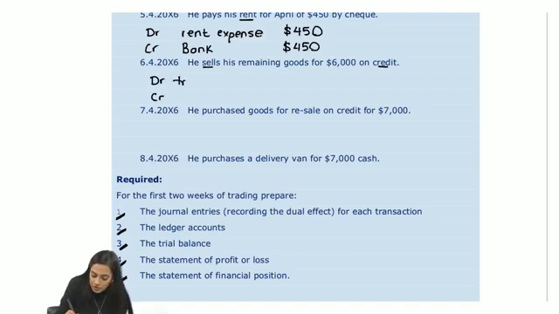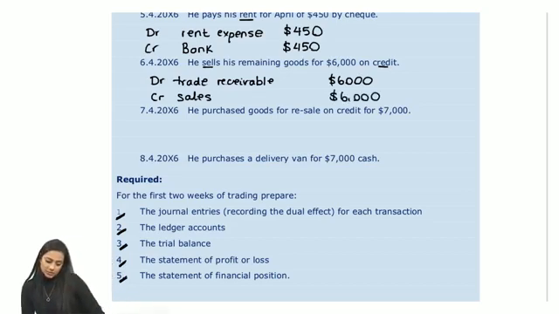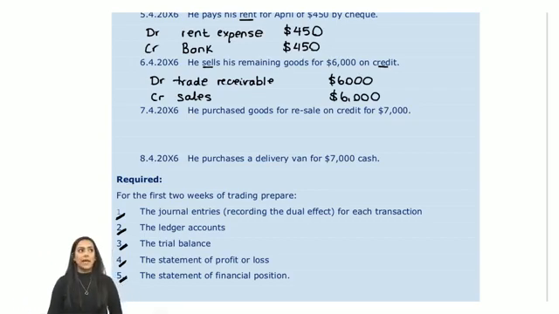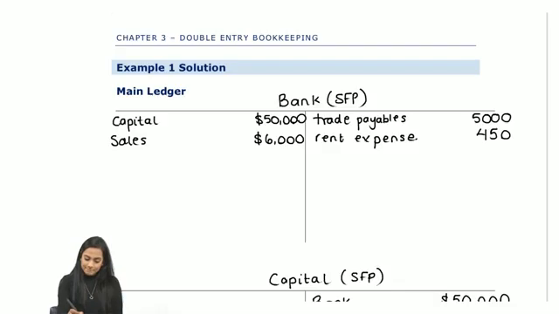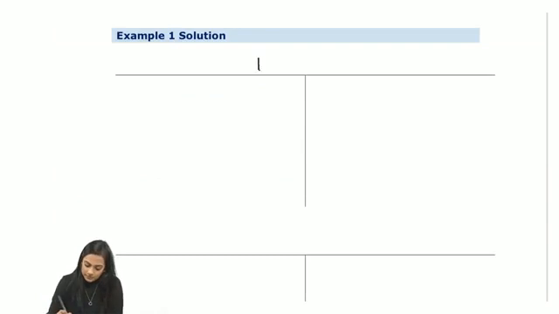So debit trade receivable by $6,000 and credit sales by $6,000. Okay, I think we have a sales account open, but not a trade receivable account. So let's open one now. Trade receivables are assets, and assets appear on the SFP.